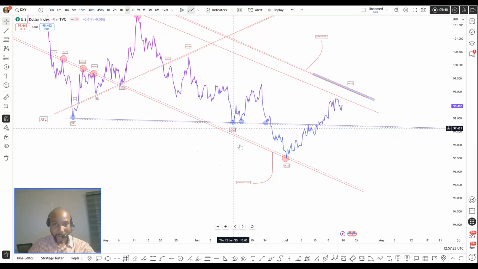SR2, support become resistance and break of structure. SR3, support become resistance and break of structure. SR4, support become resistance and break of structure. So that makes here HTL. HTL means horizontal trend line.